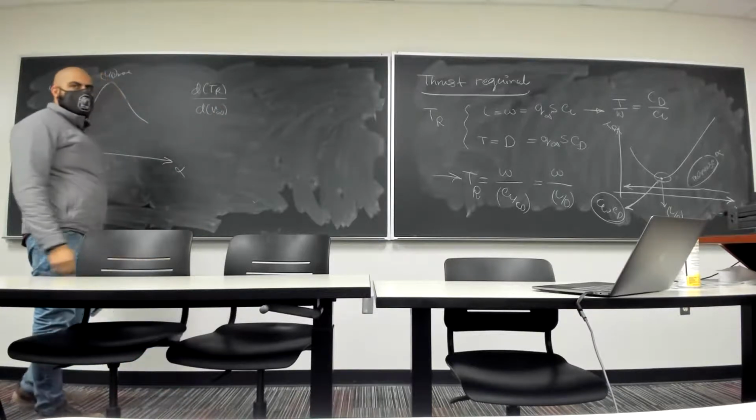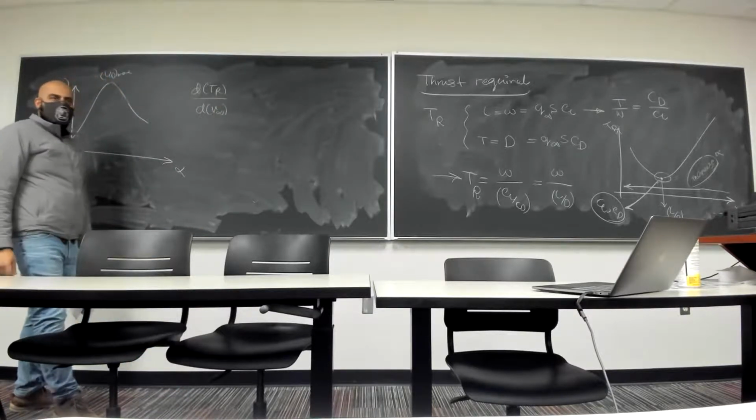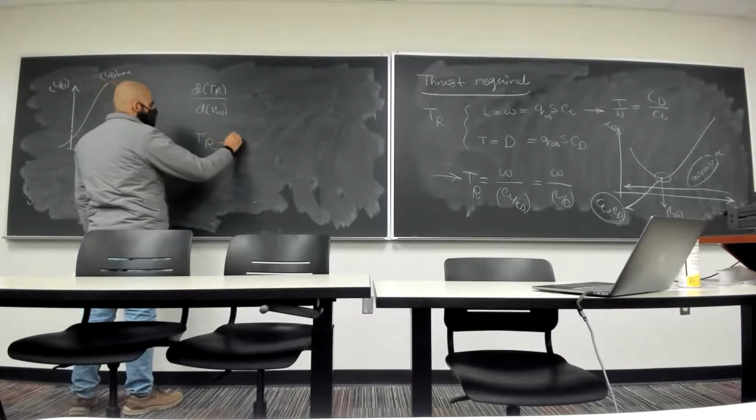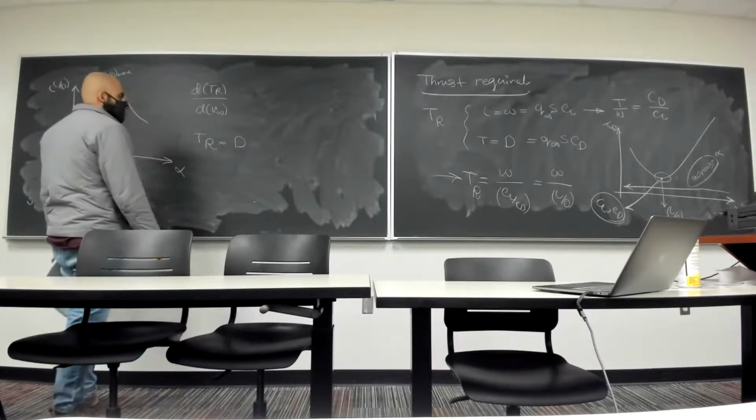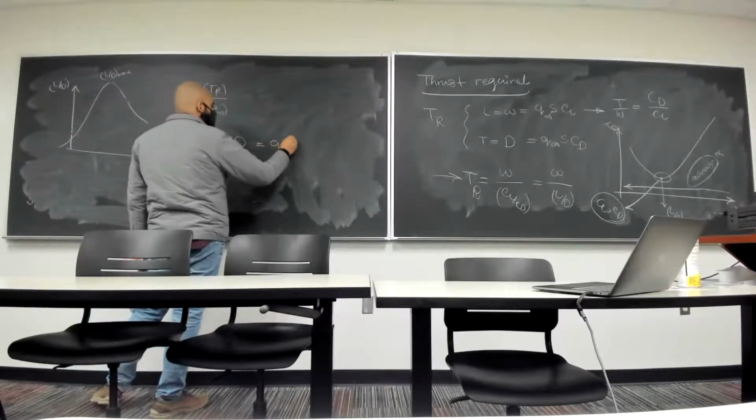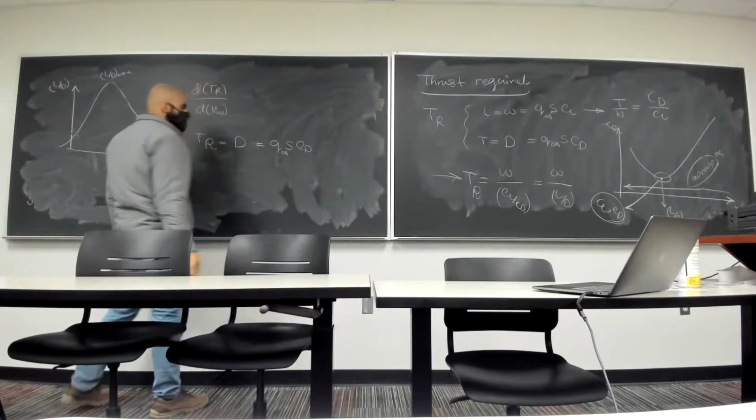So let's see if we can find a formula that relates to V infinity. From the equation of motion, we had TR is equal to D, which is Q infinity S CD.